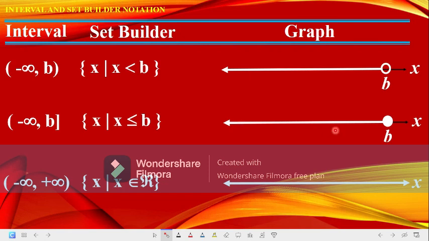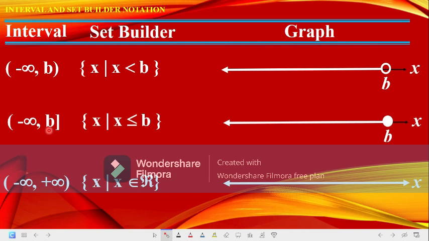How about if the graph is like this? The difference between the first and the second one is that the integer B is a solid dot or a solid circle. If it is like this, you are going to write the interval: the open parenthesis, negative infinity, comma, then you're going to write the integer B, and you will use the square bracket.